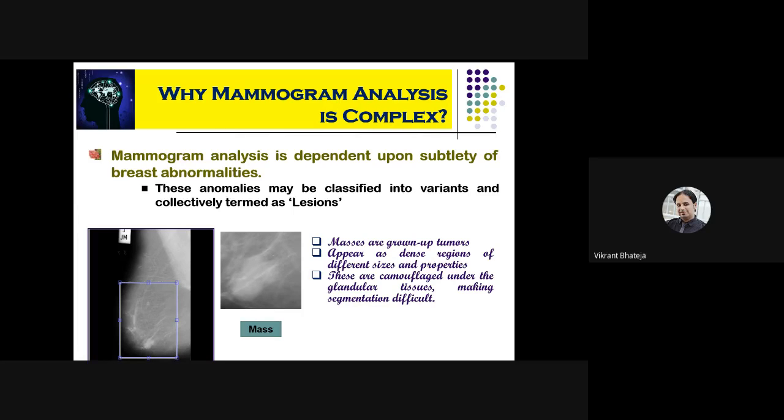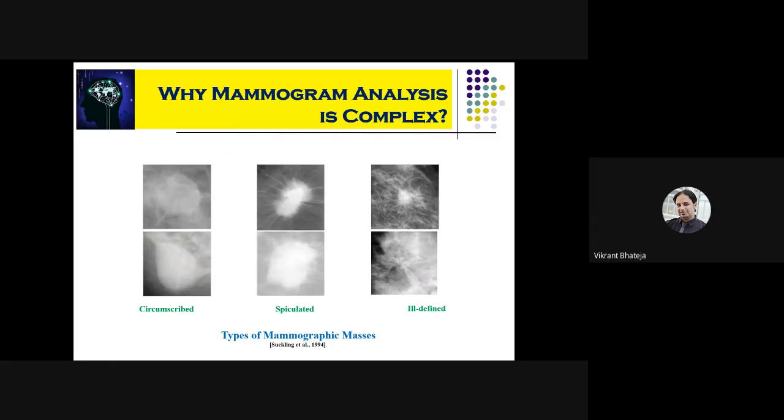These are the dense regions of different sizes available over there. But generally, if the tissues are glandular or dense, it is very difficult because the masses are camouflaged in the background of white tissues. Here you can see the different categories of mammographic masses. The first category is the circumscribed one.